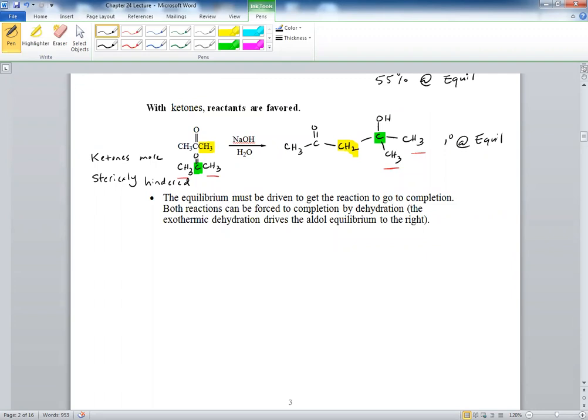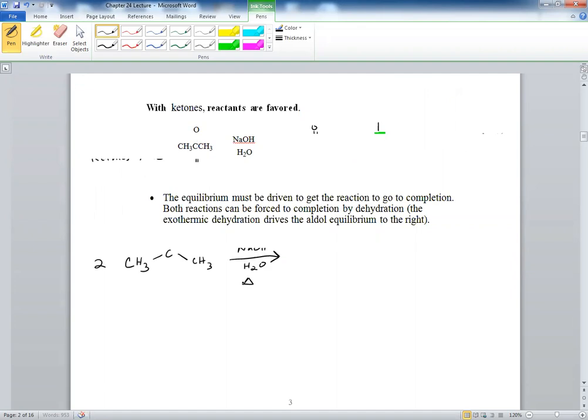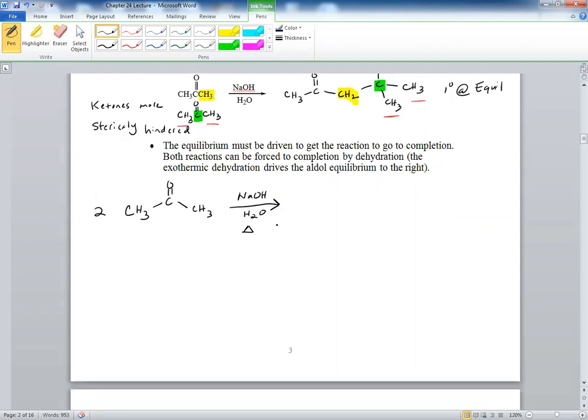Both reactions can be forced to completion by dehydration, and that exothermic dehydration drives the aldol equilibrium to the right. So if you notice here, here's how we can do it. We have 2 moles of this, just like that. You have to have the same conditions, but notice what I'm doing here is I'm adding heat. So we need exothermic dehydration.